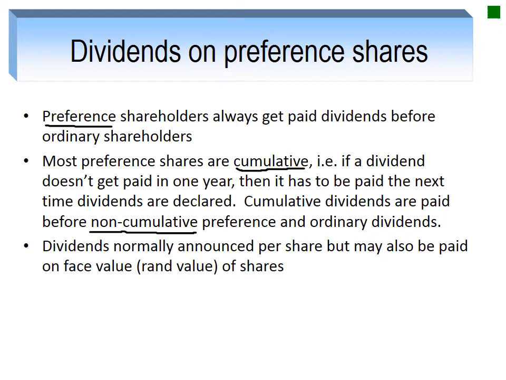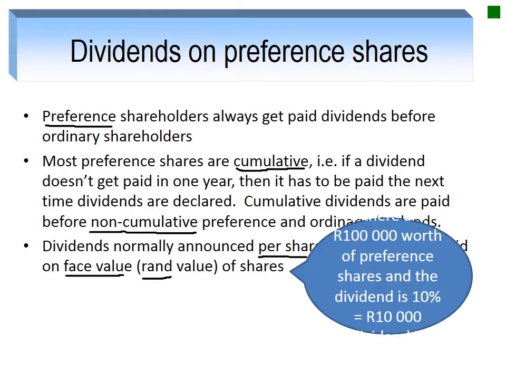In most of the questions, you will see that dividends are normally announced per share, but sometimes for ordinary shares, dividends are announced based on the face value or the rand value of the shares. This is fairly common with preference shareholdings.